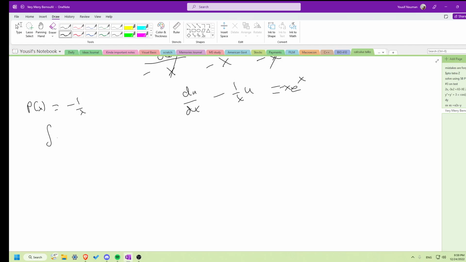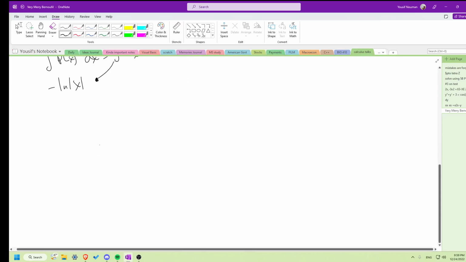If we integrate p of x with respect to x, we get negative ln x, because the integral of negative 1 over x dx is equal to that. We don't need to worry about plus c's. We could just say c is equal to 0.